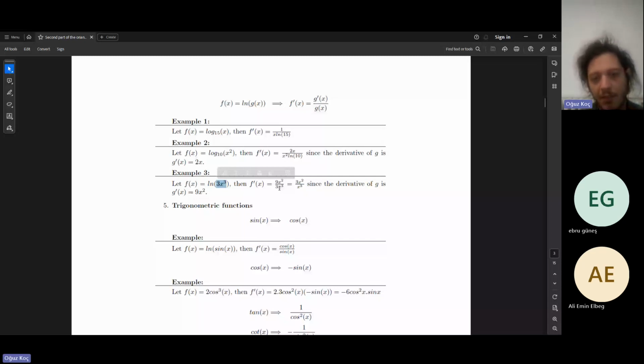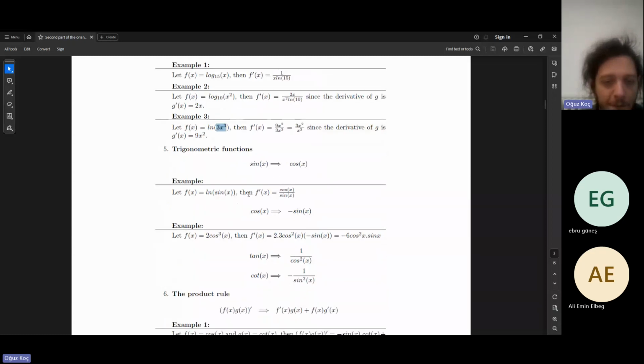When you multiply them and simplify it, it gives you 9 times x squared, and it's divided by the function itself. When you simplify the ratio here, actually it gives you 3 over x. I forgot to simplify the x's here.